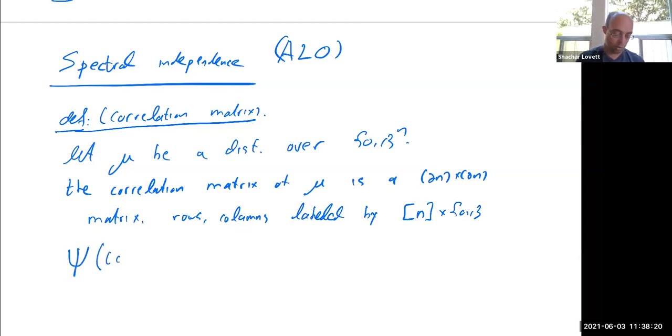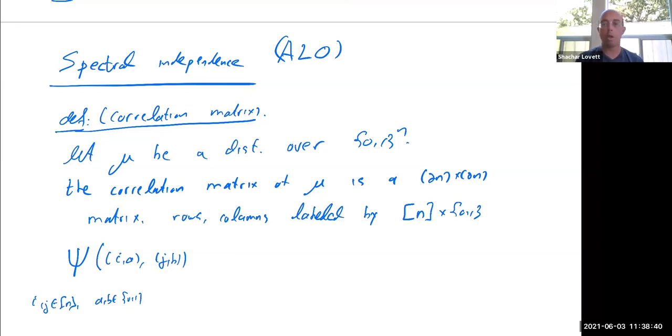So its row is going to be the pair (i, a), and the column is going to be (j, b). So here i and j are in n, and a and b are just the colors 0, 1. So (i, a) is the index of a row, and (j, b) is the index of the column.